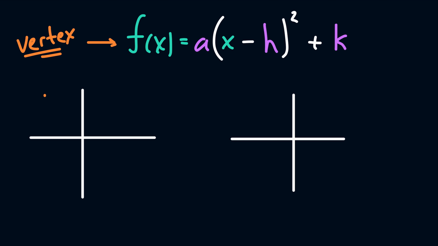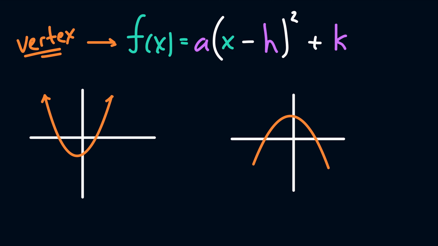So quadratic functions produce parabolas. Right? Say that with me. Parabola. Parabola. Parabola. It'll produce a parabola. Okay? And a parabola can either smile at you or it can frown at you. One of the two. Okay?